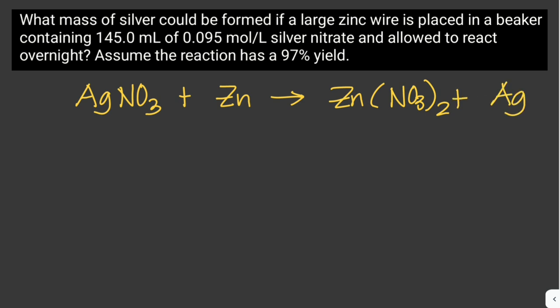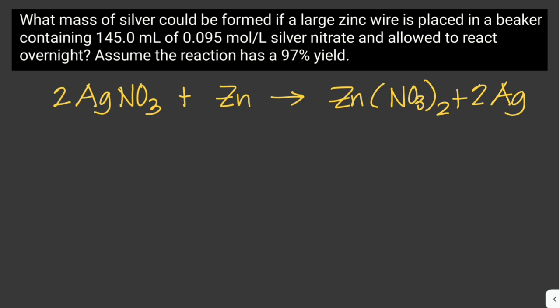So we balance this reaction here. It would be 2 nitrate, so 2 silver. I think that's balanced. Our nitrogen is 2 moles, oxygen 6, silver 2, zinc 1. All right, we can now solve the problem.